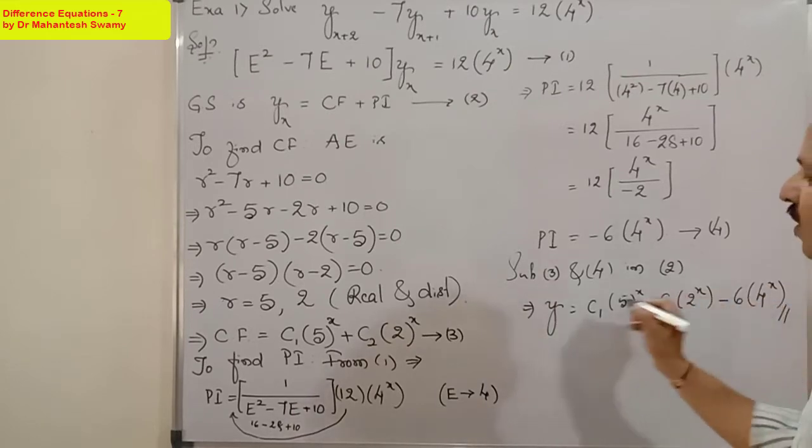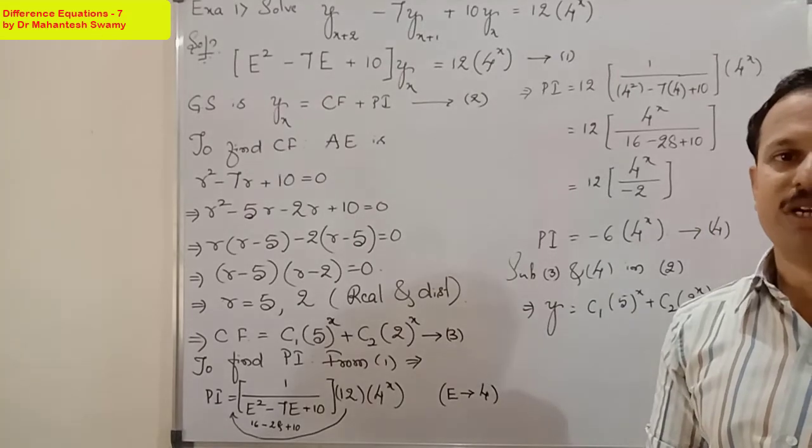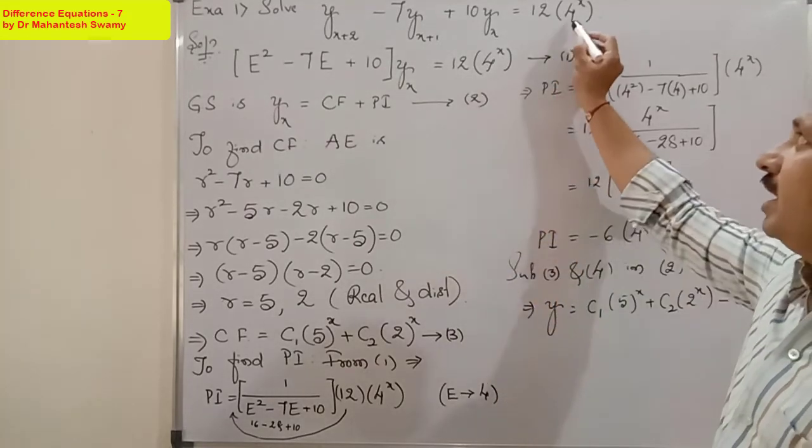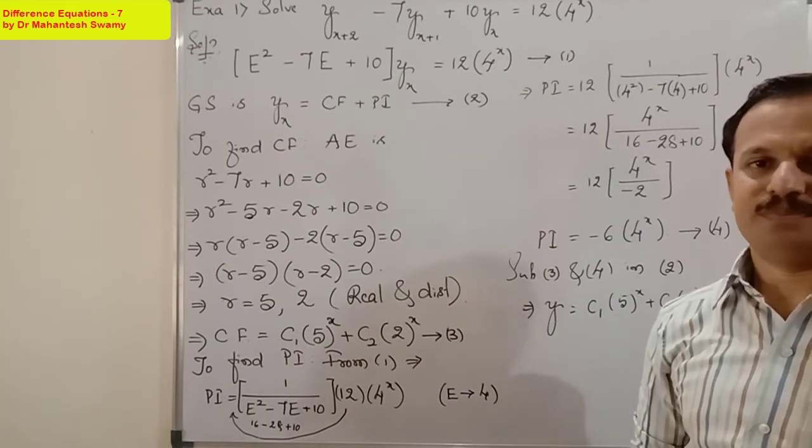So this is the required general solution of the non-homogeneous difference equation, which has a function of the kind a to the power x on the right hand side.